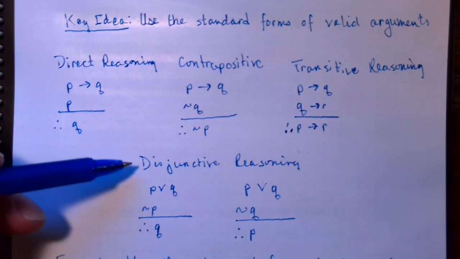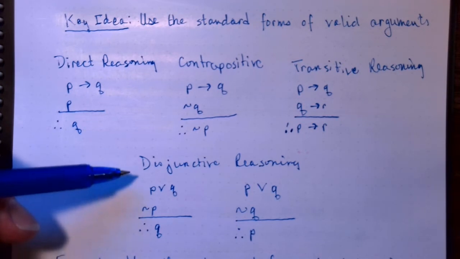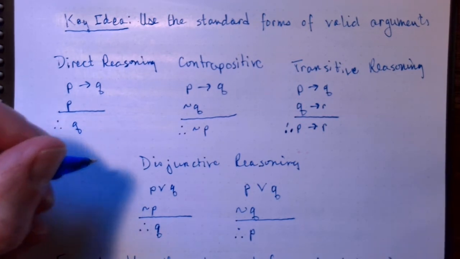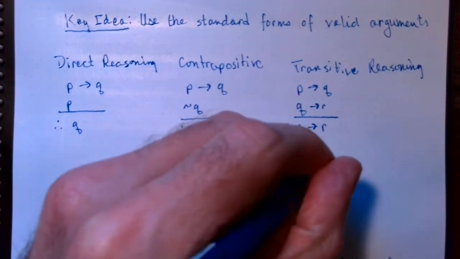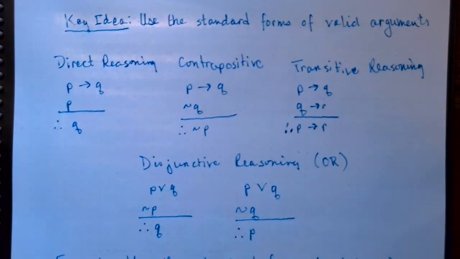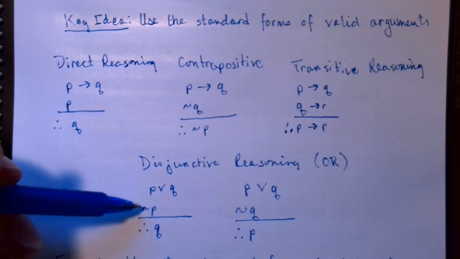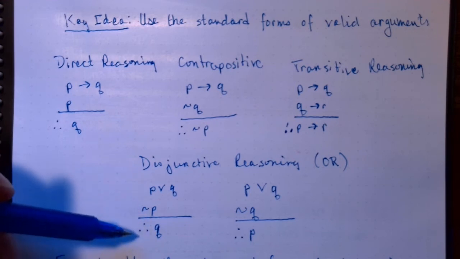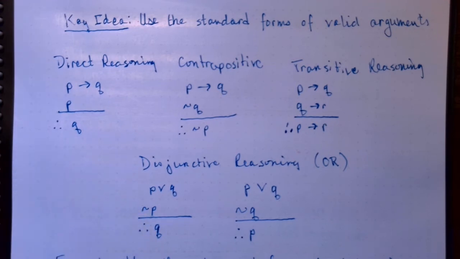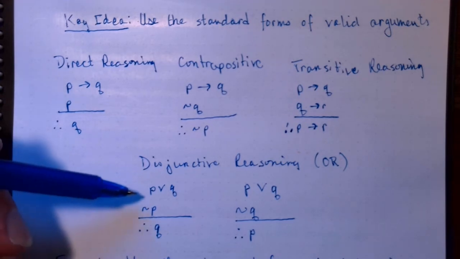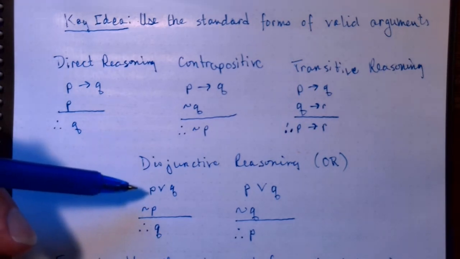Now this last one actually has 2 different types. It's called disjunctive reasoning. And remember, disjunction is a fancy way to say or. So you have P or Q, not P, therefore you can conclude Q. So it might be something like this.